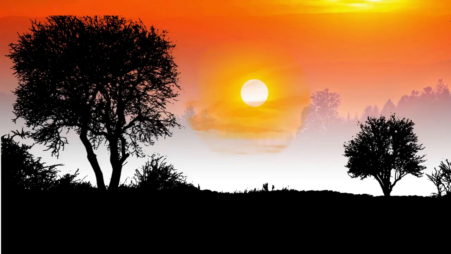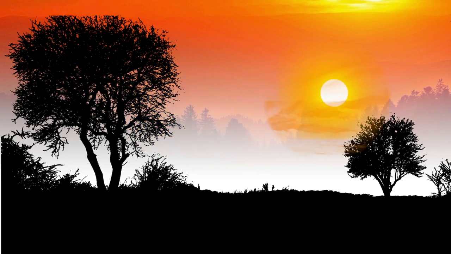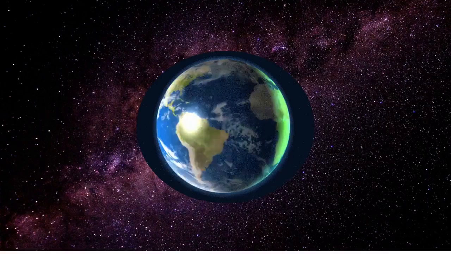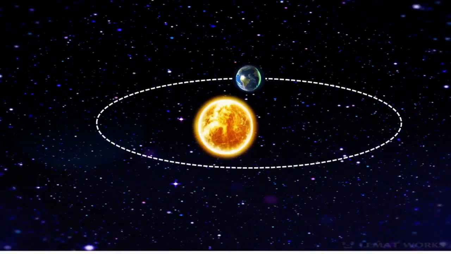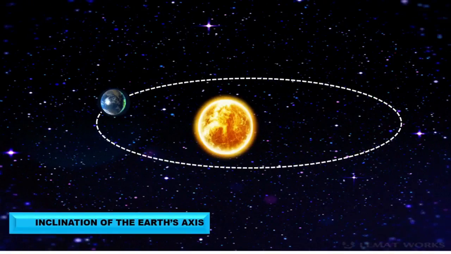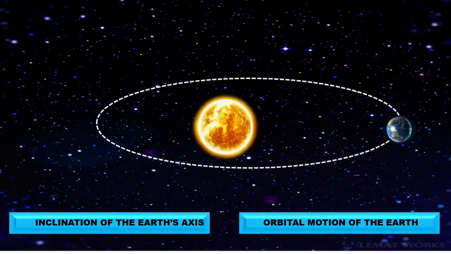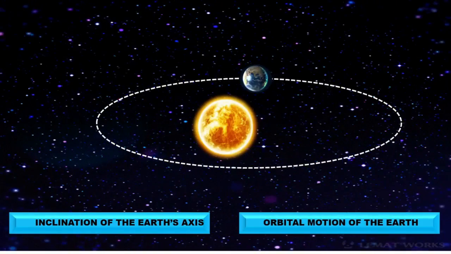That is why, looking from the earth, it appears that the sun is moving either to the north or to the south. The combined effect of the inclination of the earth's axis and the orbital motion of the earth causes seasons.